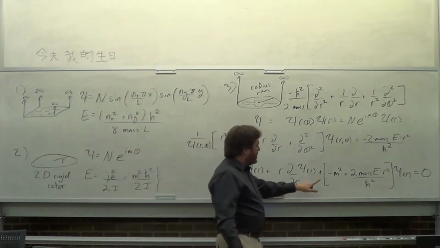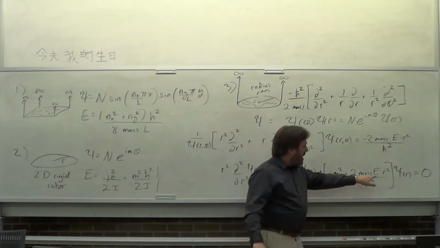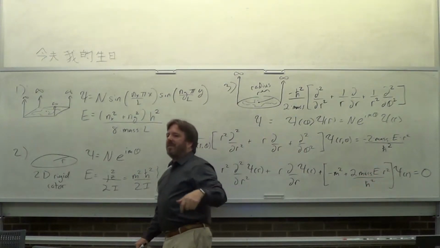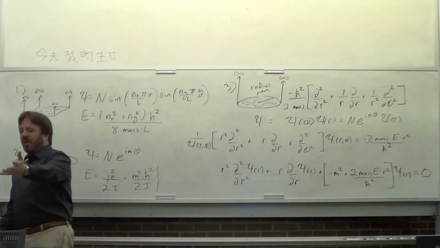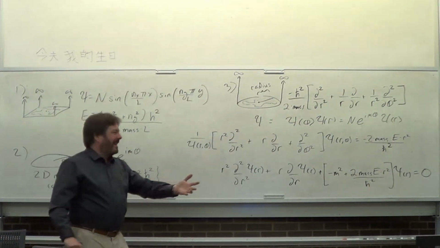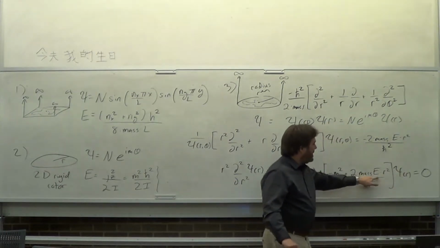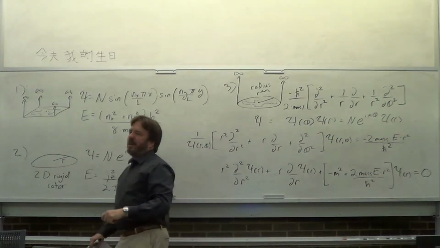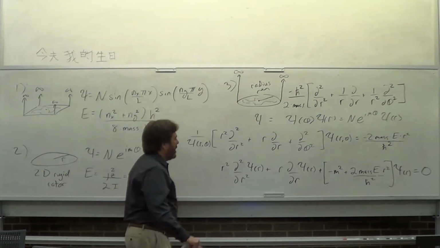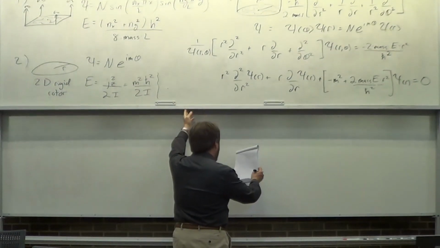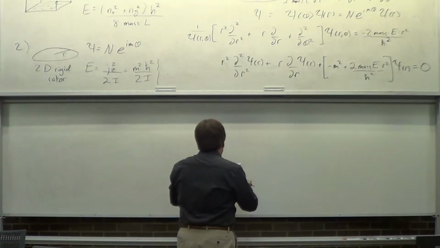I don't see any angles. The angles were taken care of here. And again, 1782, the person who solved it, Bernoulli, right? Bernoulli solved this equation already and had the functions and had the eigenvalues, which gives us the energy and whatnot. And the solutions end up being, where have I got this?